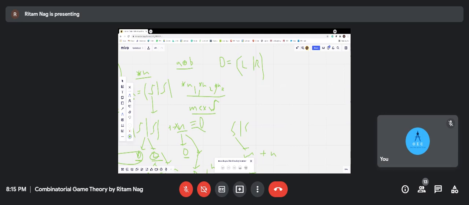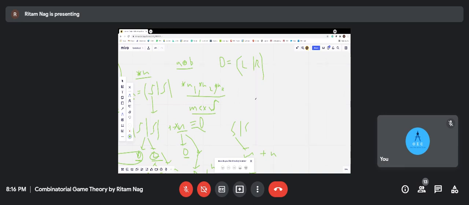No, none of star n is 0, because star n is in fact a first player win. It's never a second player win. It's always going to be a first player win, precisely because you can just reduce to 0 on the next move.